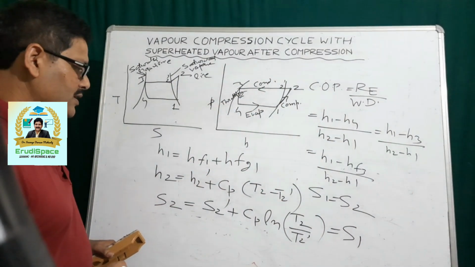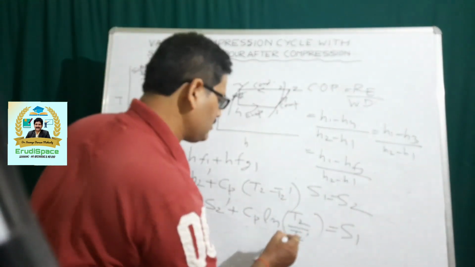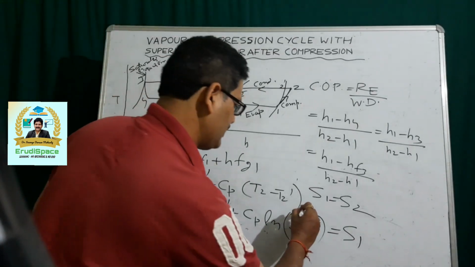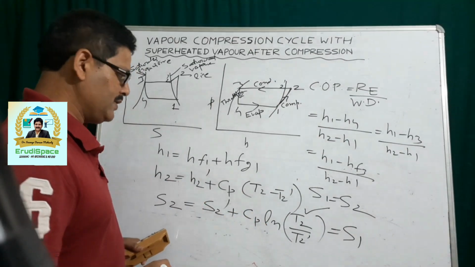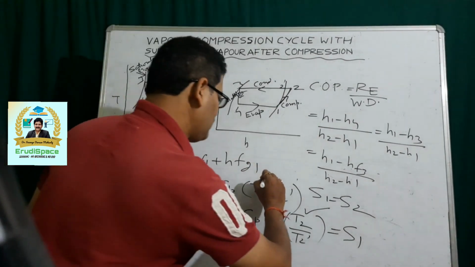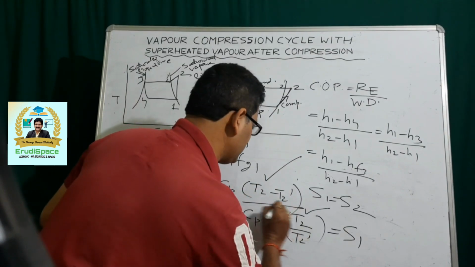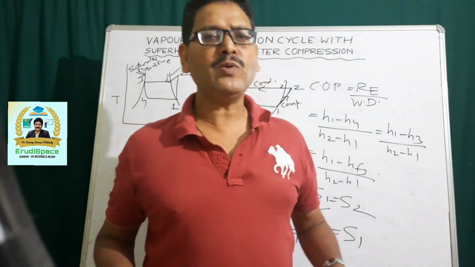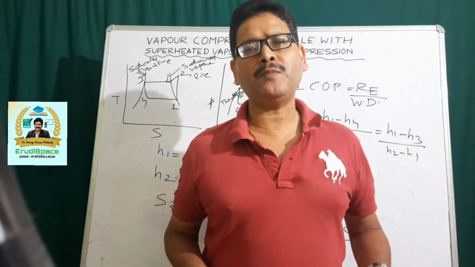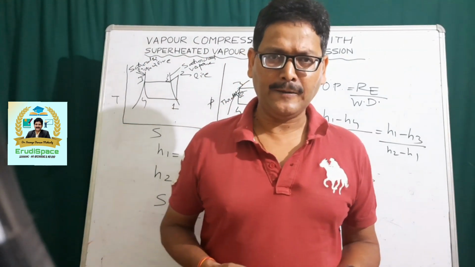Now you can find out the value of T2, and once you find out the value of T2, you can find out the degree of superheat, that is T2 minus T2 dash. In this way you can find out the coefficient of performance of the cycle.